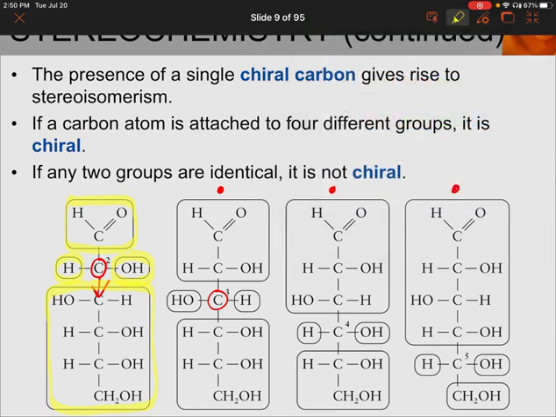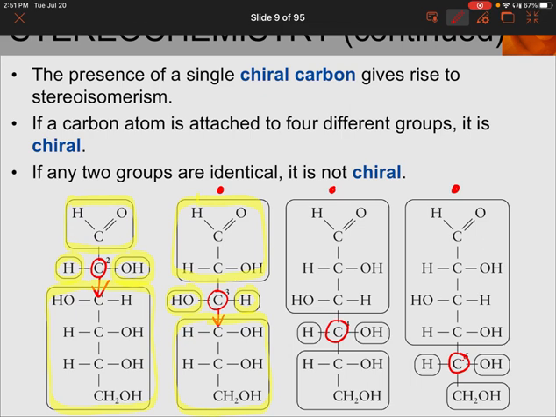The top group is different from the bottom group. And then we have OH and H, which are also different from everything else. And then if we keep moving down the line, we can see the same thing for carbons 4 and carbon 5. They are both bonded to 4 different groups.